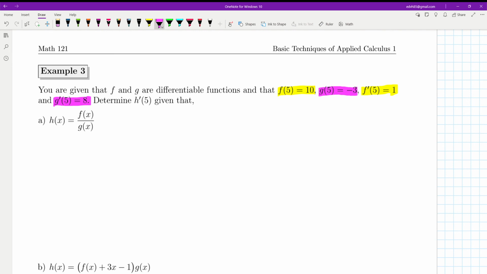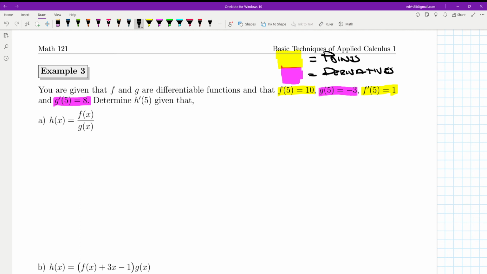So interpret the yellow to be points, and interpret the purple highlights as derivatives at those two points, right?